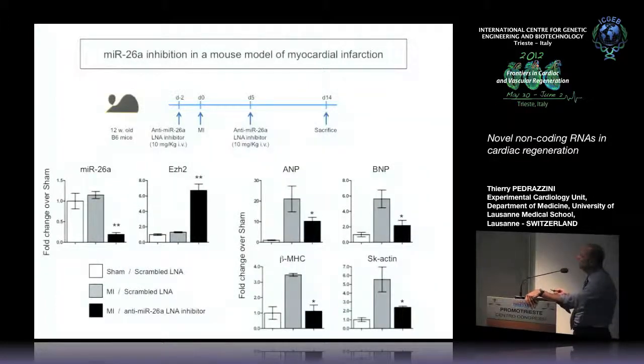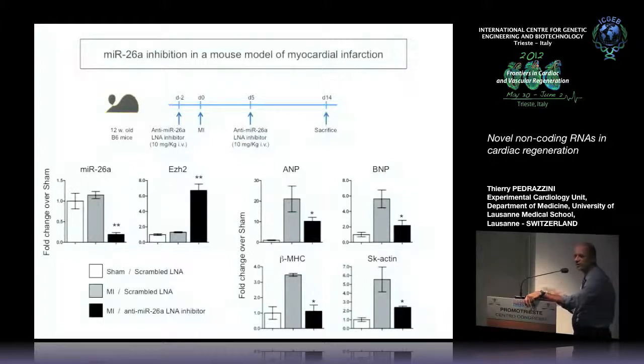Now, finally, this is my last data slide. You also observe the expected downregulation of the fetal gene program in this situation that you would expect if ICGEB is indeed involved.